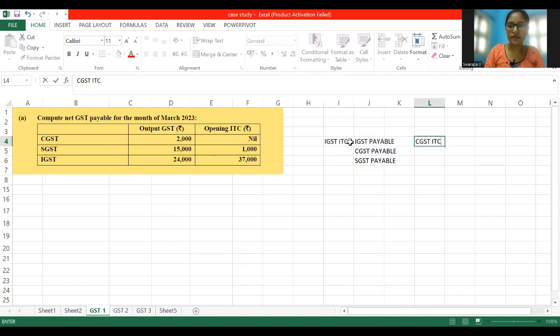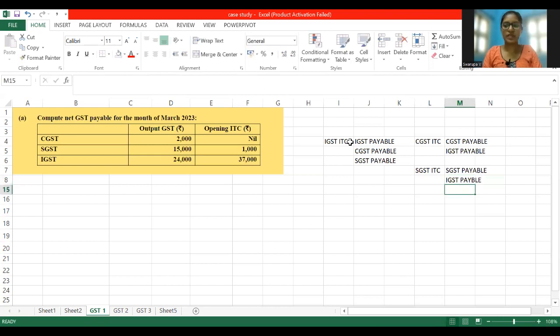CGST ITC will be adjusted first against CGST payable, then IGST payable. SGST ITC, first it will be adjusted against SGST payable, then IGST payable. So based on this mechanism of adjustment, the question has to be approached.